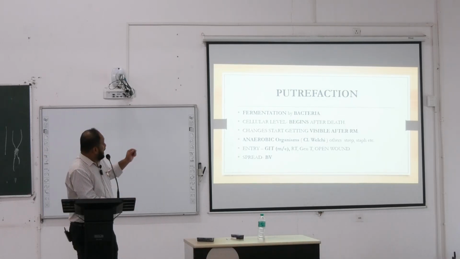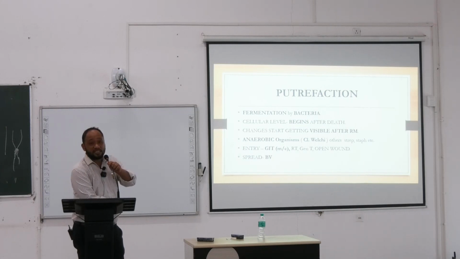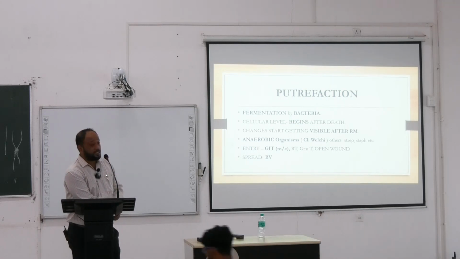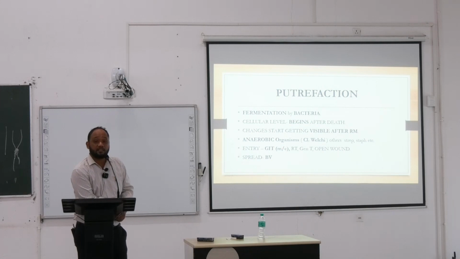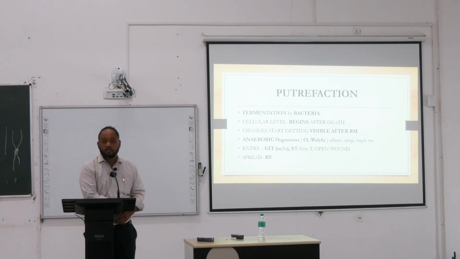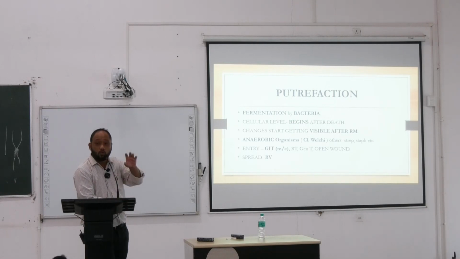So these bacteria now ferment. Mostly anaerobic bacteria, mainly Clostridium welchii. How do these bacteria enter? They enter through the gut, that is the GIT, then arteries, respiratory tract, genital tract, and if there is any open injury, then through wounds.